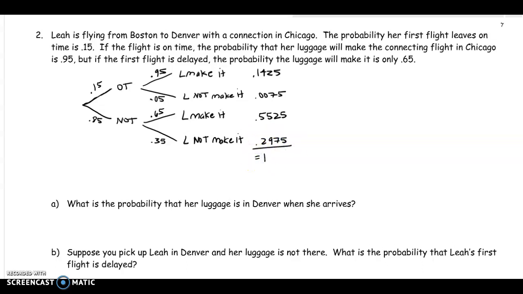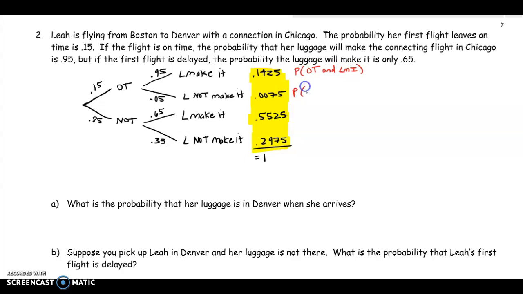So again, what you just found, I'm going to highlight. This right here is the sample space. This is every possible outcome with these events that could happen. Okay, and again, just a reminder that these are ands. The ands are found at the end, so this is the probability of on time and luggage makes it.